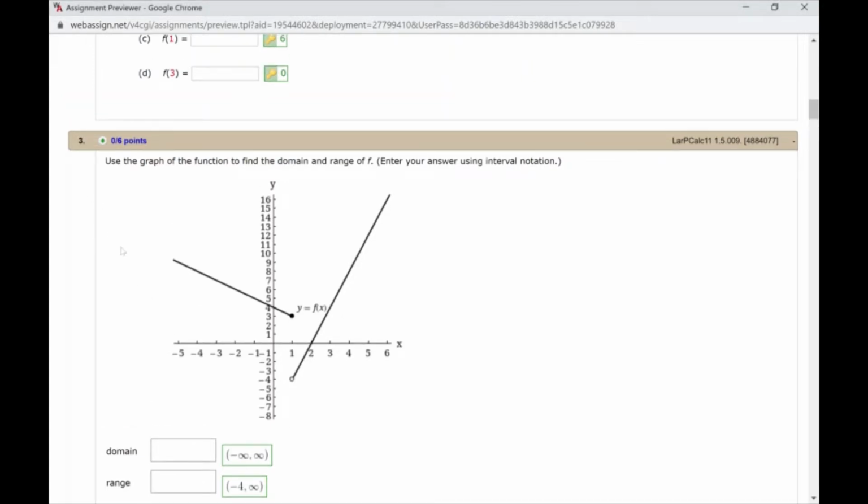Yes, because if I go from left to right, I'm tracing this. I'm covering everything in between negative infinity all the way here. Now, yeah, that is an open circle here, but isn't it closed here? So it does cover 1 because here 1 is already covered. So does it touch 1? Yes, because this side does touch 1.